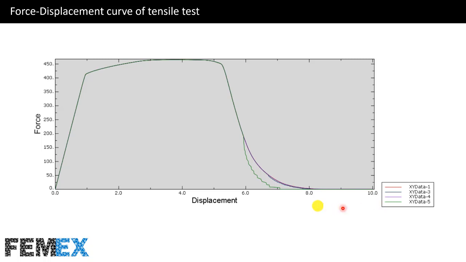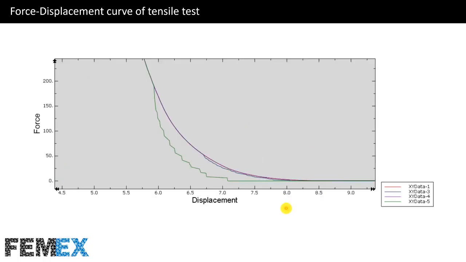In the next slide, I have magnified this region. Here, you can see that in Model 5 result, the force displacement curve is dropped faster than in results of Model 3.